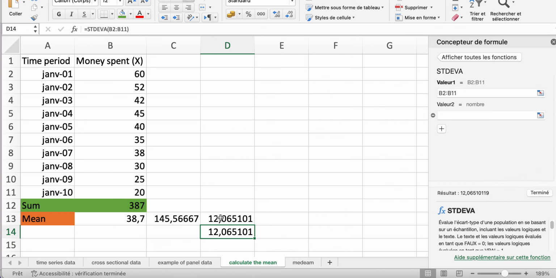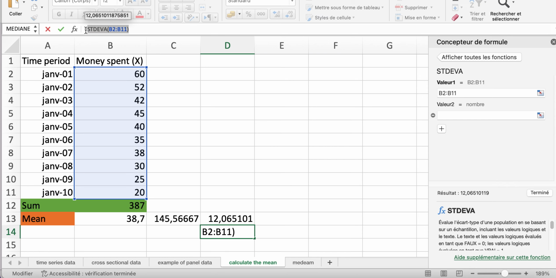You see the same result as the first method. So you have two methods. When you have your variance, you just take the square root of the variance to get your standard deviation, or you can calculate it using this function, equal standard deviation, then you select the values of your data set.